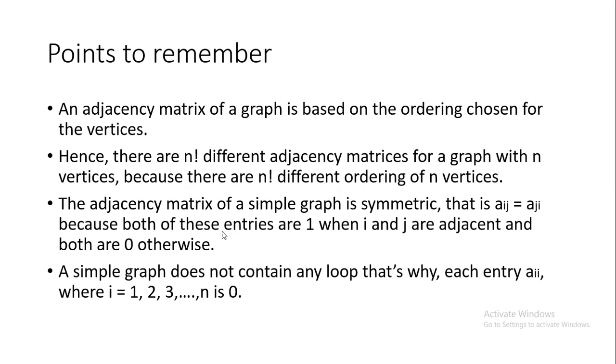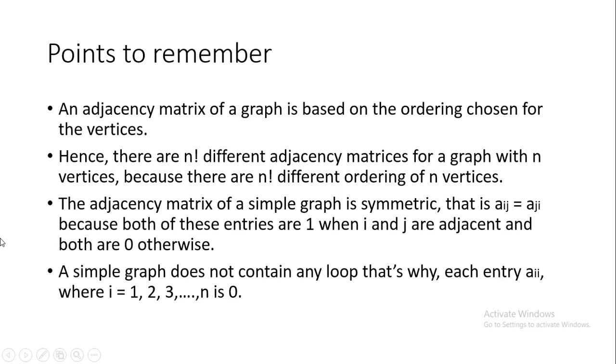Then and only then can we say that the graph is symmetric. Understood? Because both of these entries are 1 when i and j are adjacent and both are 0 otherwise. The value 1 is present when an edge is present between i and j, and if there is no edge, then it is 0.